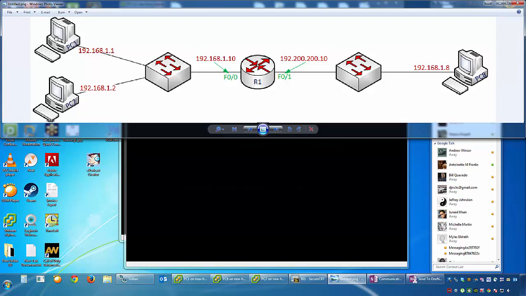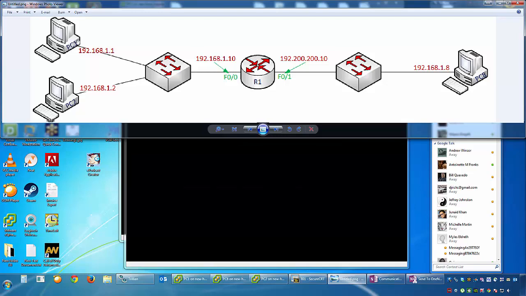So I use the ARP table to give me the MAC address for all the IP addresses that I'm trying to communicate with. What's going to happen now is, if I don't have it in my ARP table, what am I going to do? I'm going to send out an ARP request saying who is 192.168.1.2.